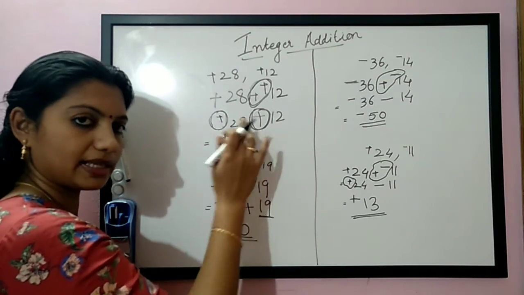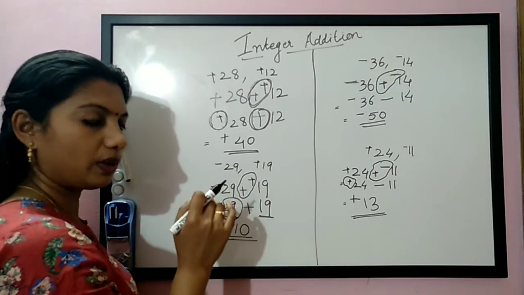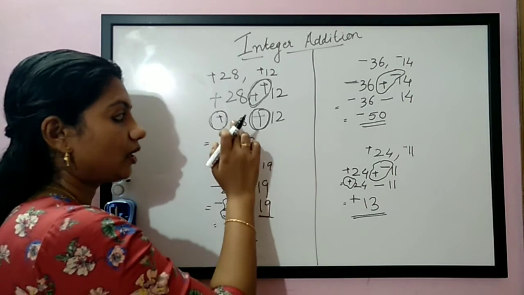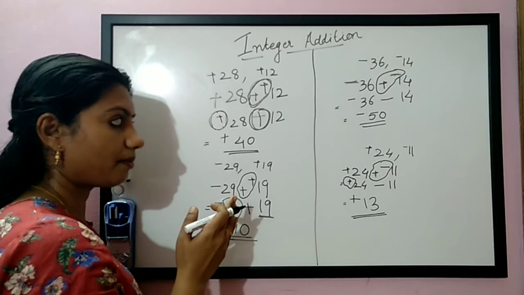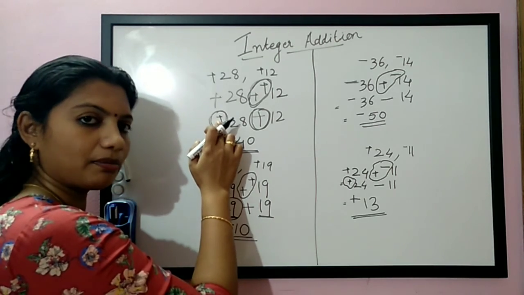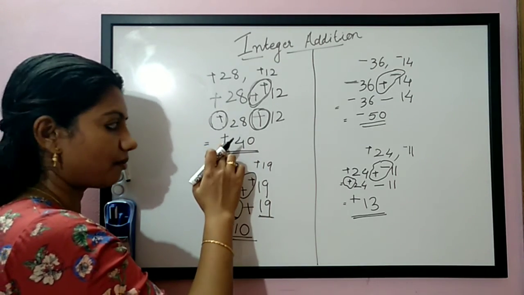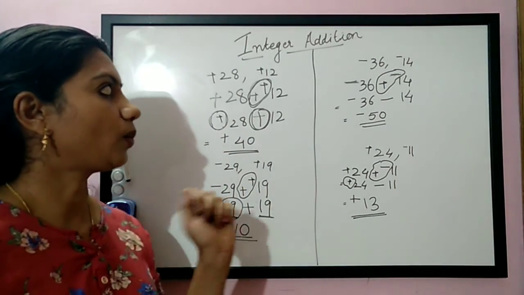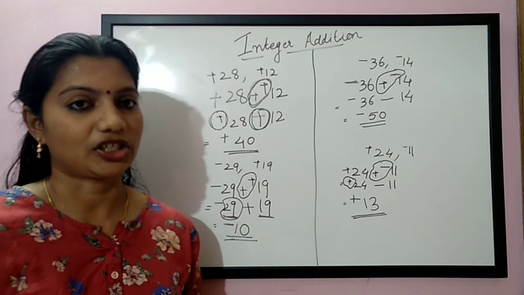If these two symbols are different, you will be looking at the numbers, not the symbols. Look at which is the bigger number, then put the symbol of the bigger number and subtract. So this is the technique when you do integer addition.